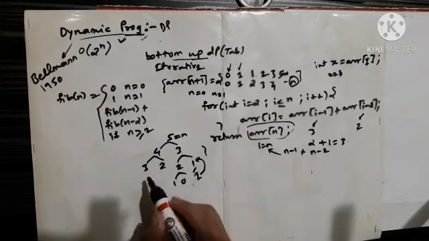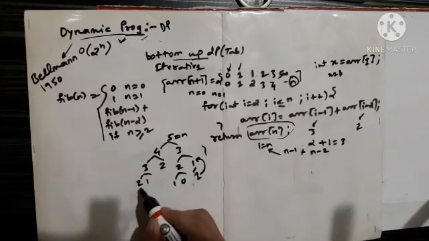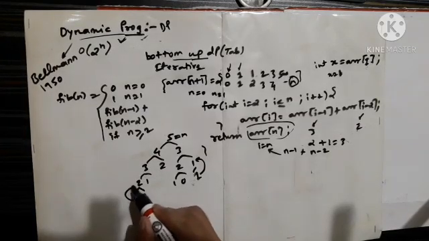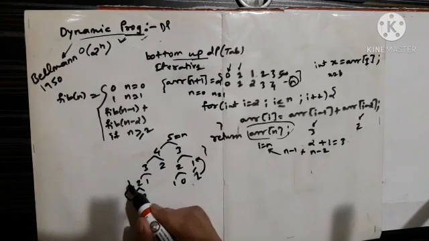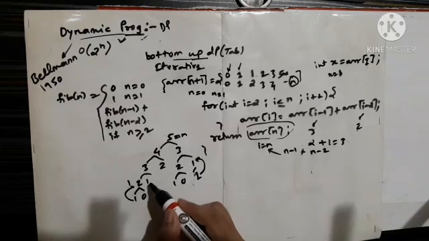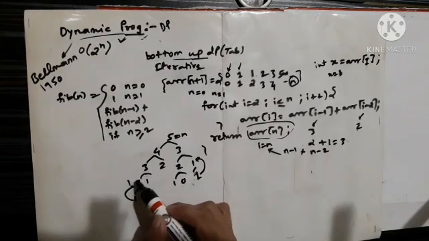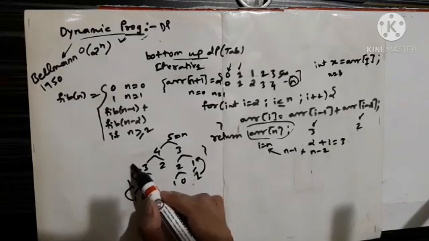This is the parent, this is the children. 3 will call 2 and 1, and 2 again is going to call for 1 and 0. 1 is returning 1 and 0 is 0, so 1 plus 0 is 1, so 2 will get 1, and 1 anyway is 1, so 1 plus 1 is 2, so this function will return 2 to 3.